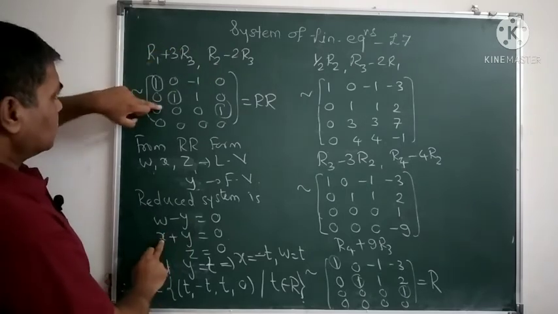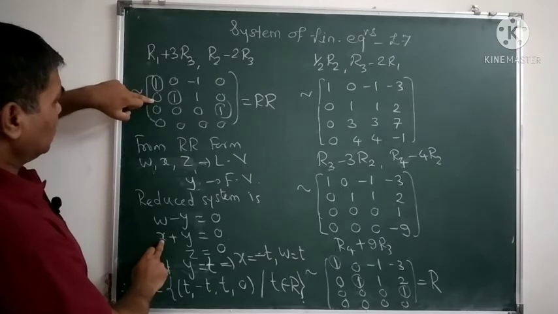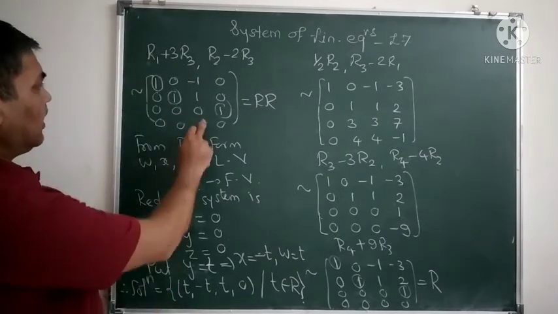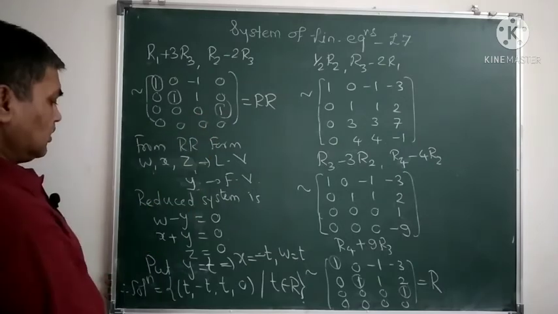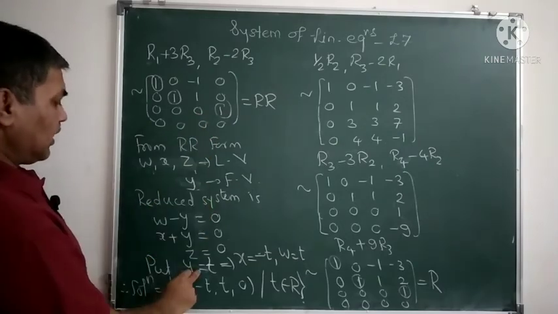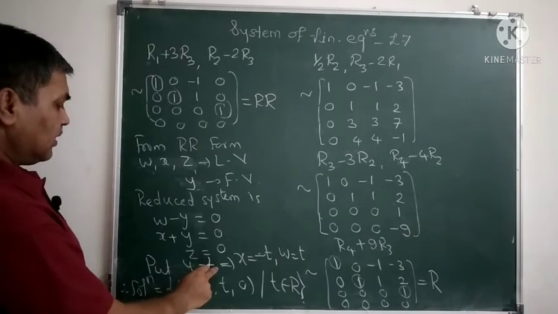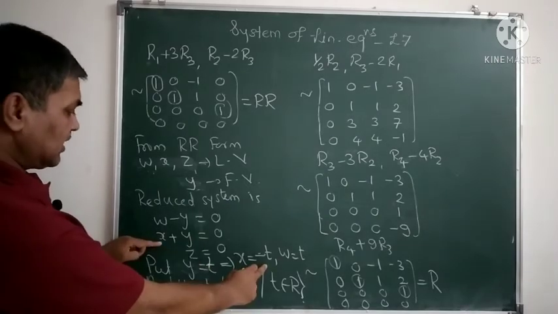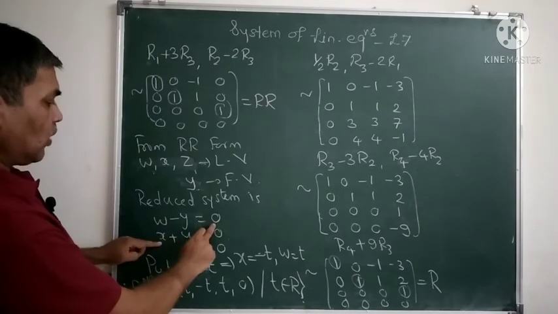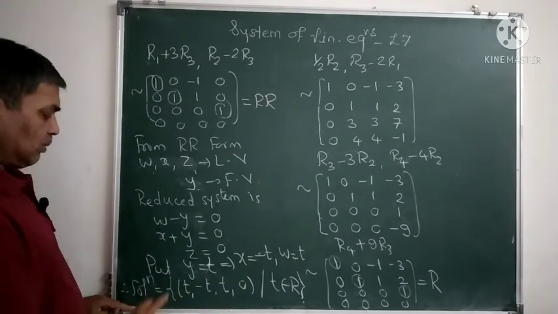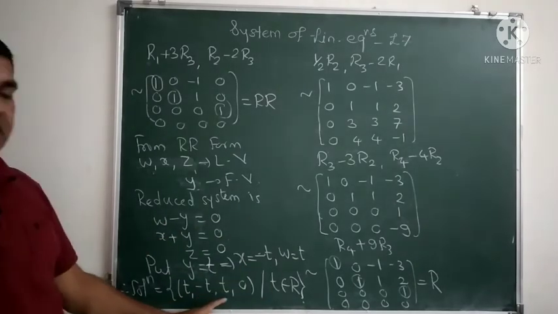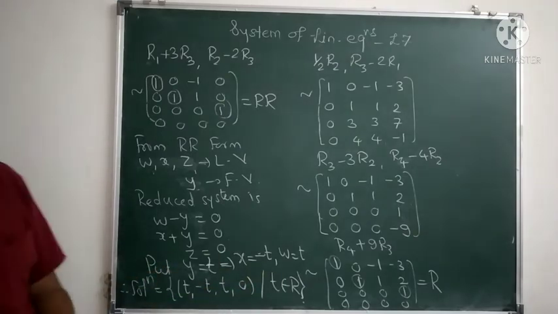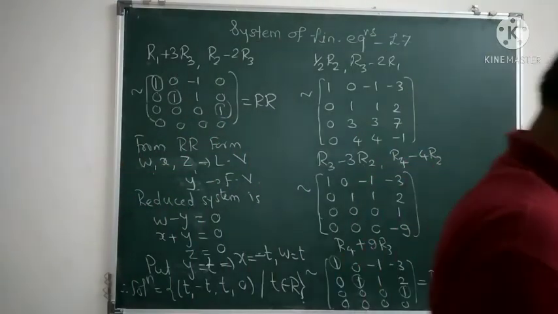Next, x plus y plus 0z is 0, and lastly z is 0. So your free variable is y, and we assign a parametric value t to y. Then from this x is equal to minus y gives x is minus t, w is equal to y equal to t. So your solution set becomes (t, minus t, t, 0), where t is a real number. Thus there are infinitely many solutions for this system.